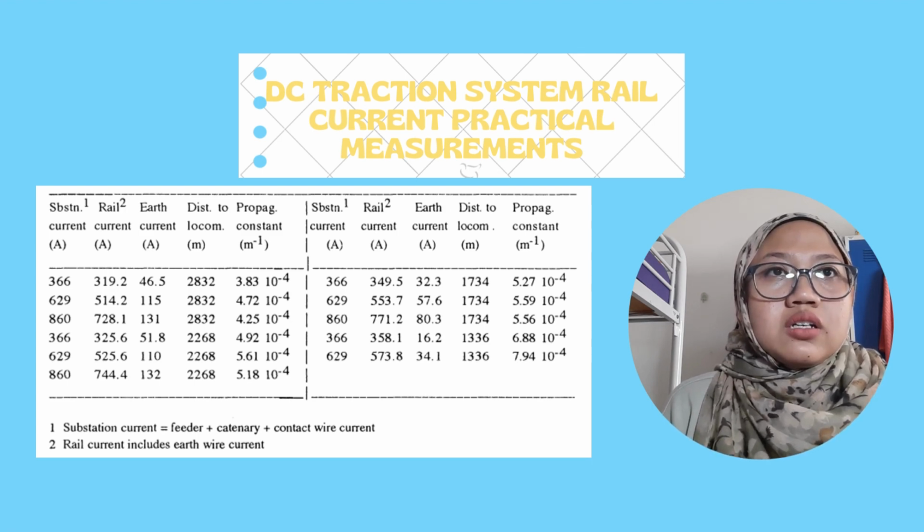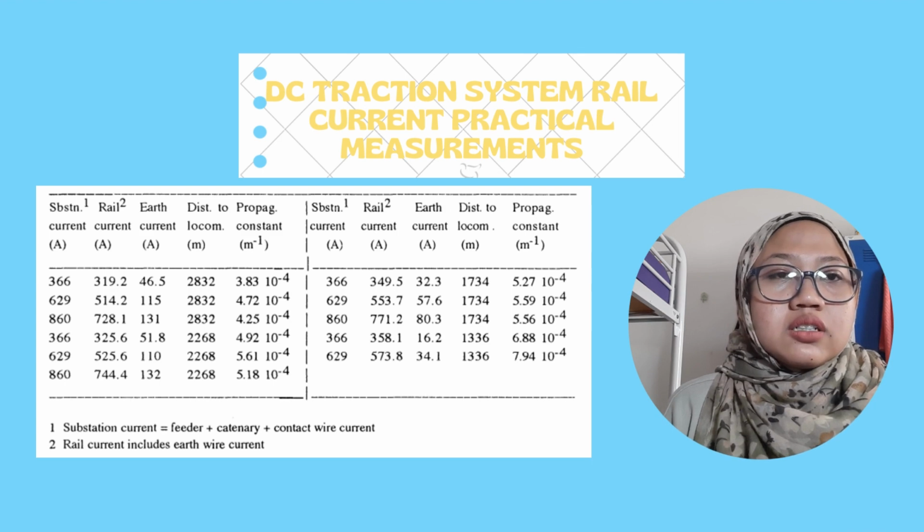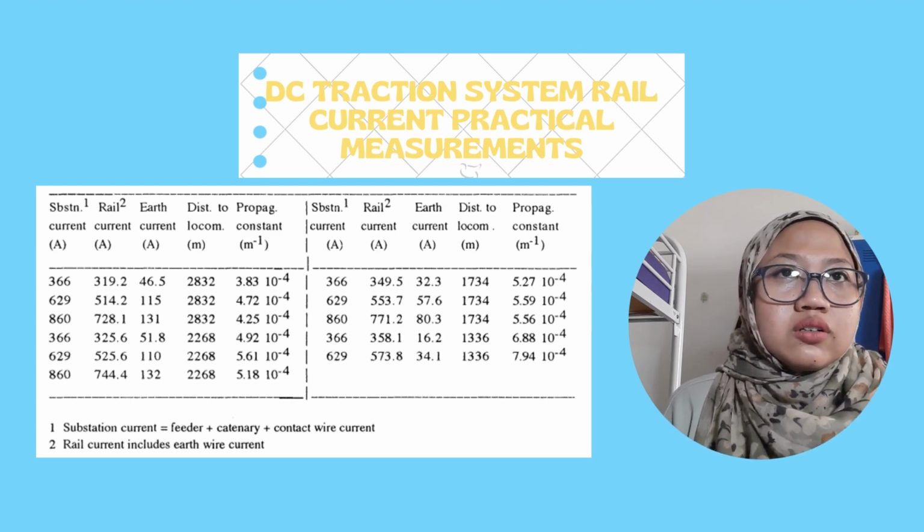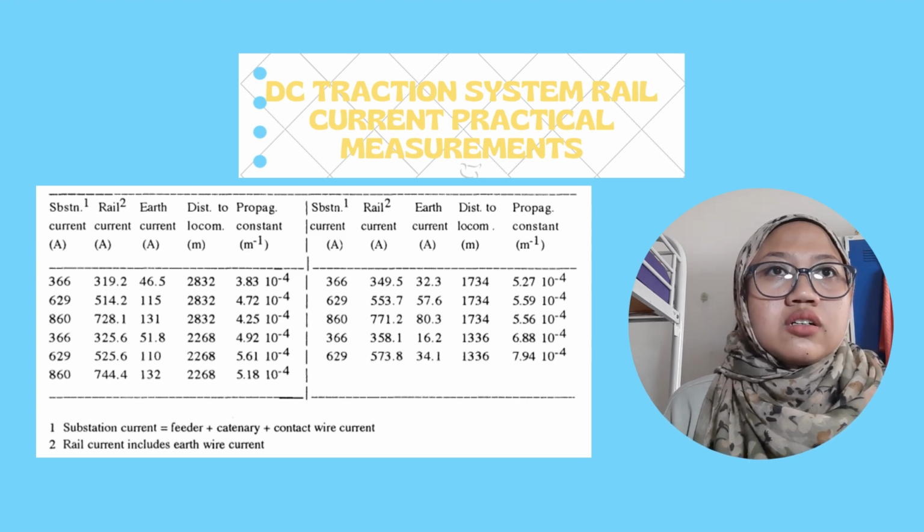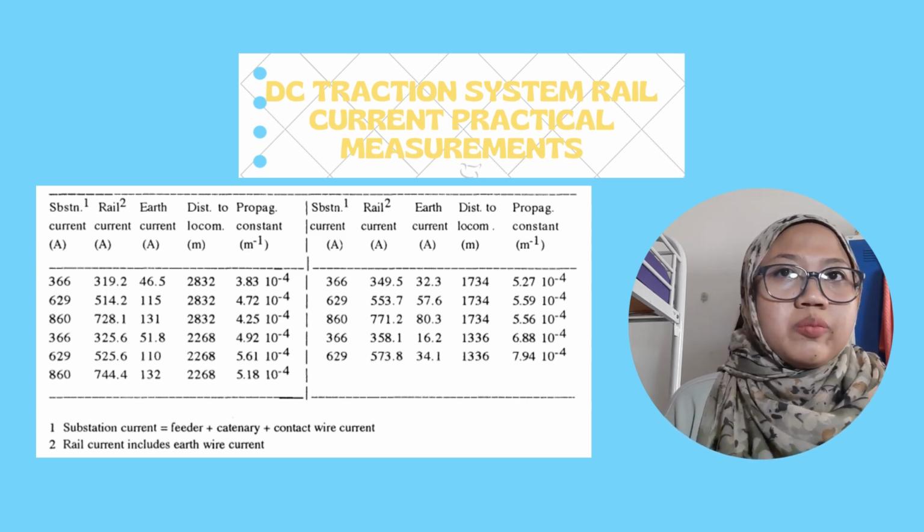This implies that, because for longer lengths the ground current flows at greater depth, the effective rail-to-ground conductance and ground conductivity will reduce with depth.